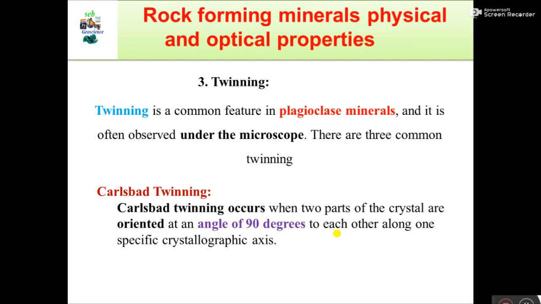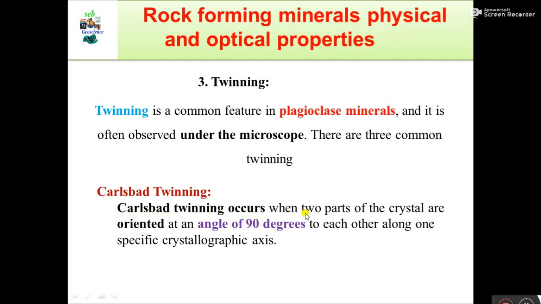If the analyzer is out, it is plane polarized; if the analyzer is in, it is cross-polarized. So twinning is the main diagnostic feature of plagioclase. There are three types of twinning in the feldspar mineral group. The first one is Carlsbad twinning.